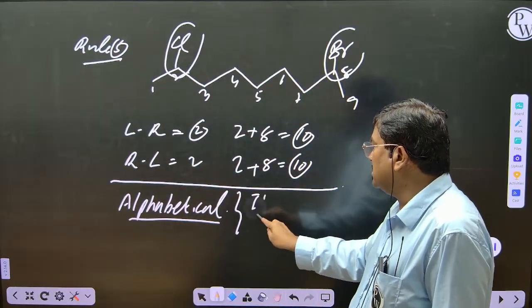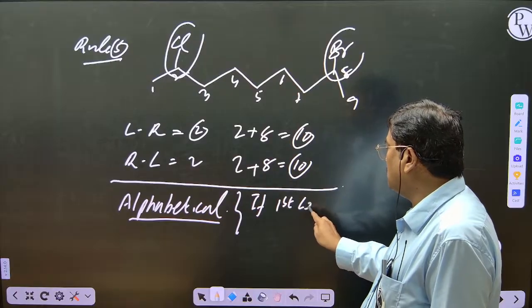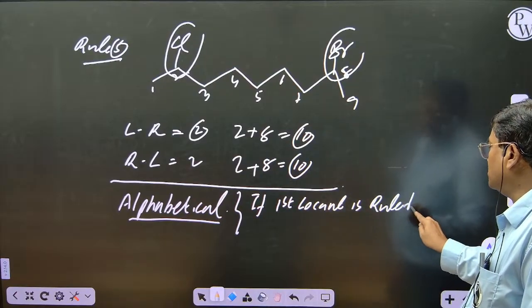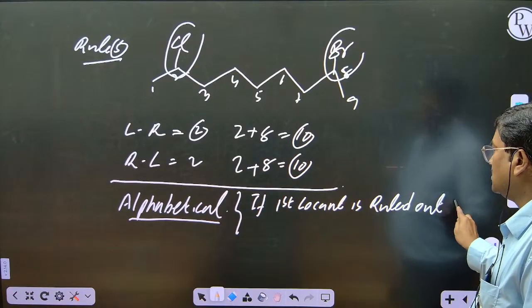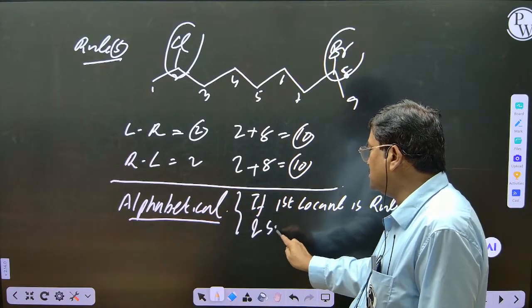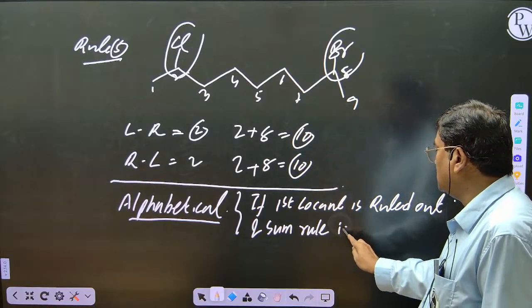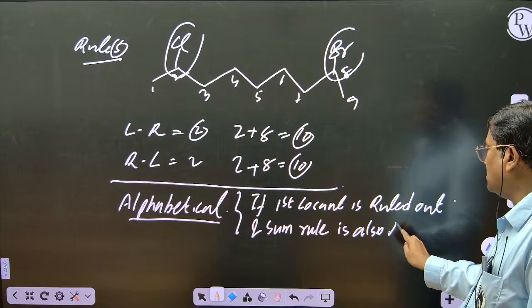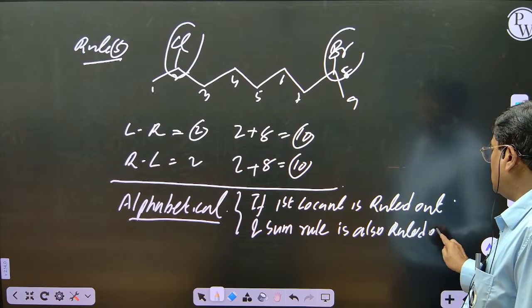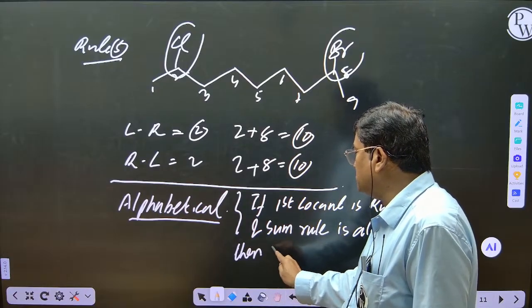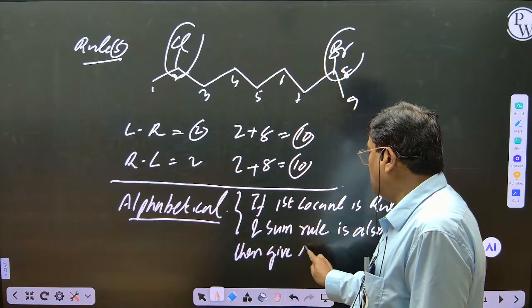So here make a note. If the first locant is ruled out, and the sum rule is also ruled out, then what do we prefer, students? Then we go by alphabetical order. Then give numbering by what way? Alphabetical order.